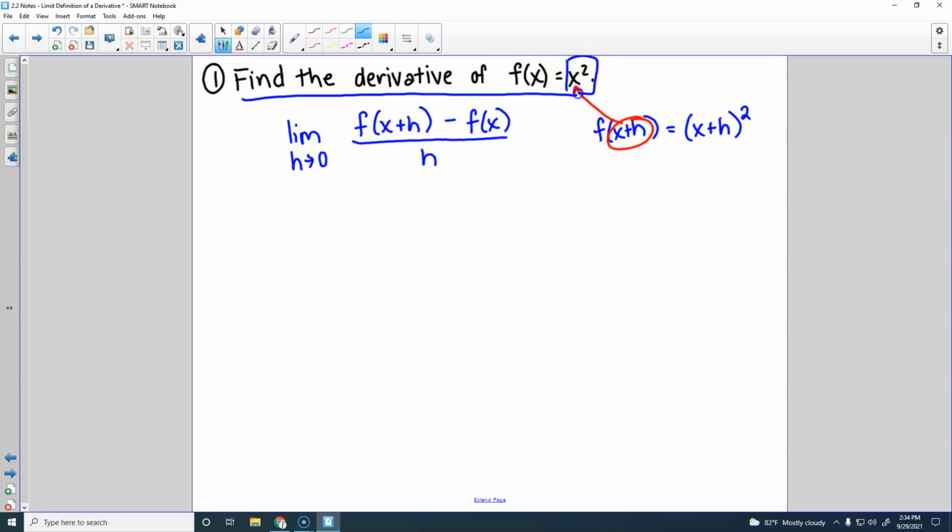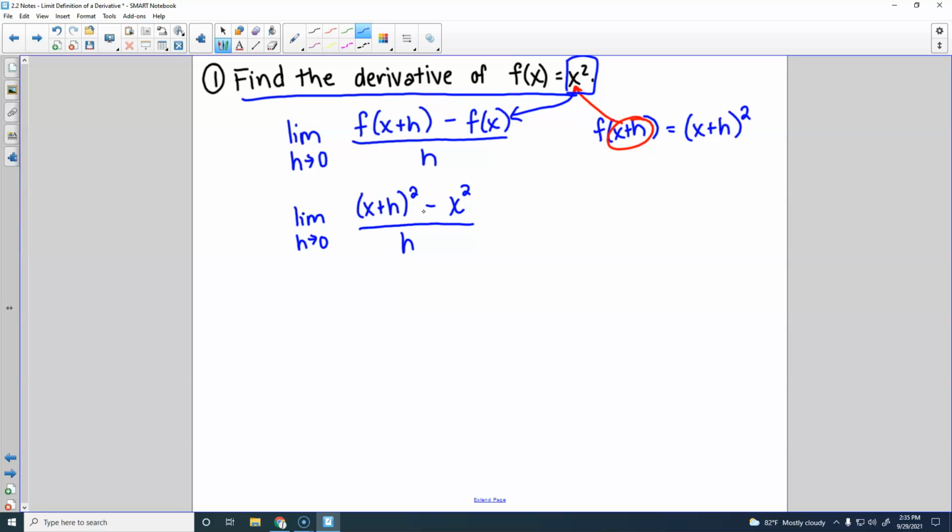And f of x is just the x squared, right? So you're going to have the limit as h approaches 0 of x plus h squared minus x squared all over h. From here, you're just going to try to simplify and hopefully some h's will cancel.